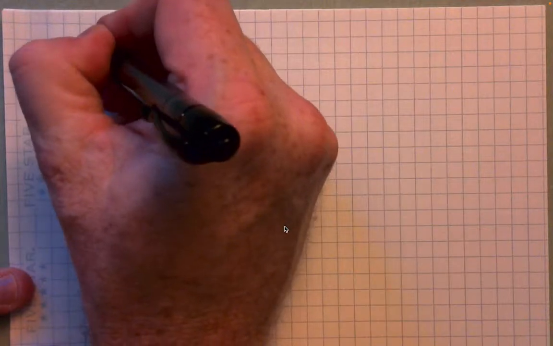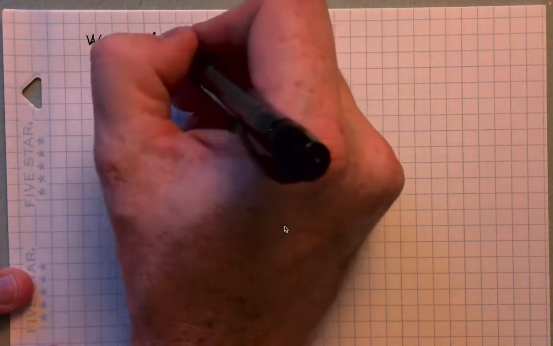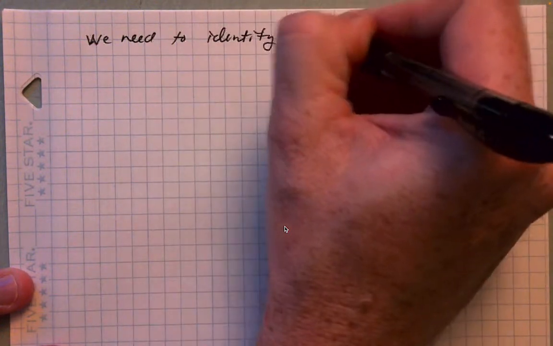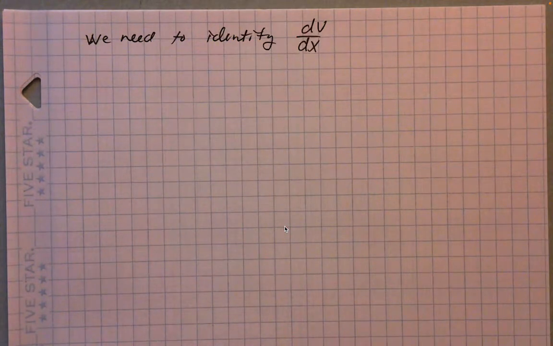Okay, so then in order to maximize this, we're going to need to identify dV/dx. Right? The derivative of V with respect to x. So that's the change in the volume with respect to the change in the length of x.